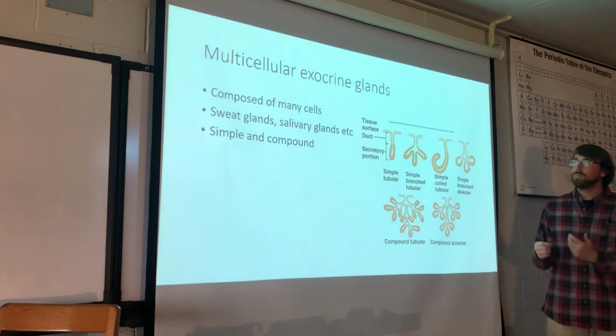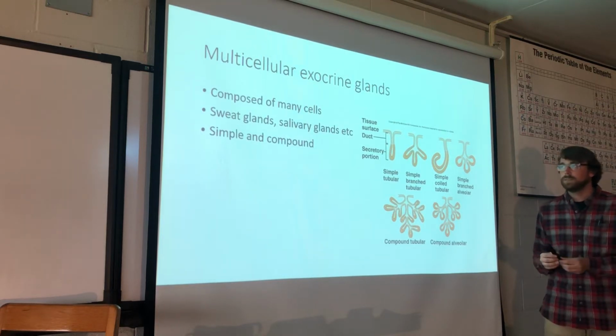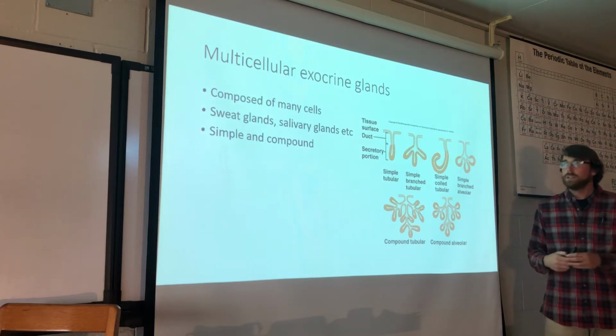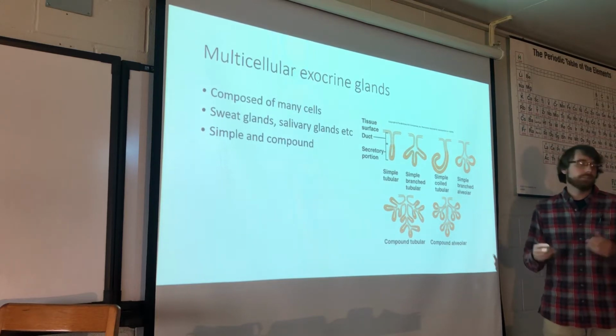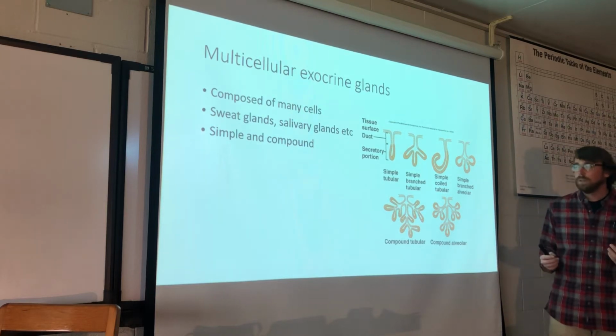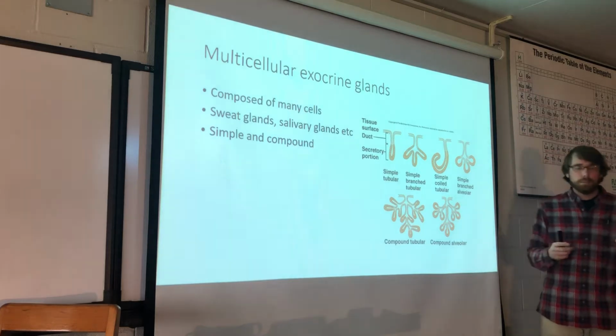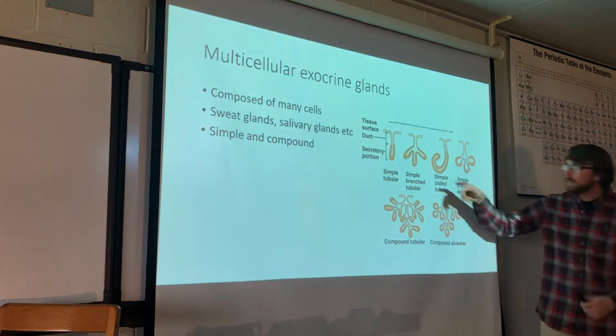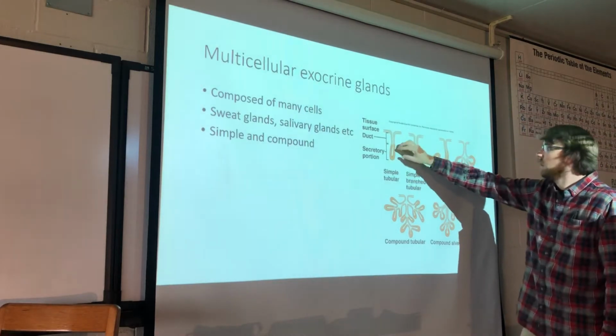There are also multicellular exocrine glands. These are, of course, composed of many cells. Your sweat glands, salivary glands, and mammary glands are going to be multicellular. There are simple and compound exocrine glands. Some of these are quite simple.